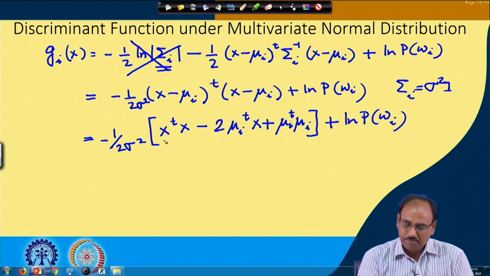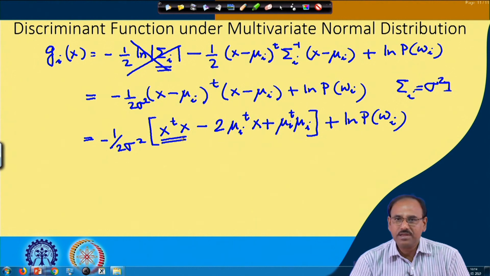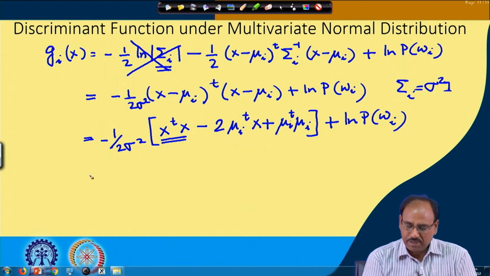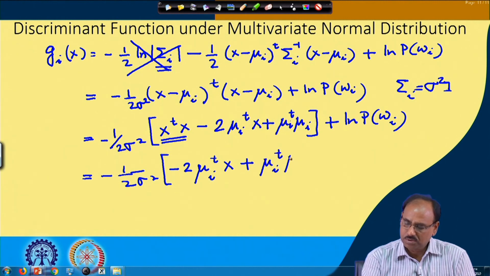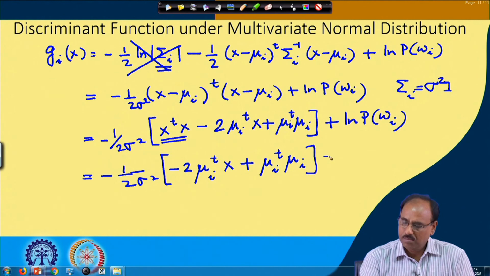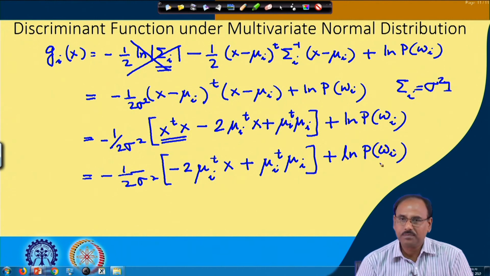In this expression, again, x^T x is class independent, right? So again this term does not contribute to discrimination. So I further simplify this as minus 1 by 2σ², where within the bracket I have minus 2μ_i^T x plus μ_i^T μ_i, plus log P(ω_i).